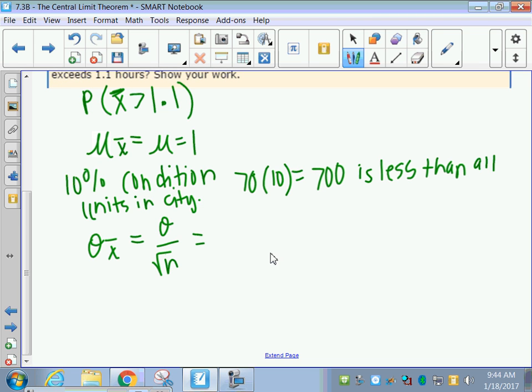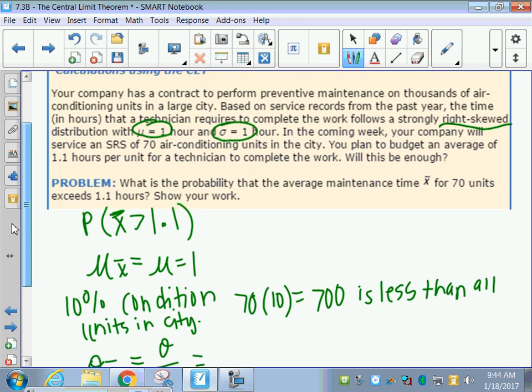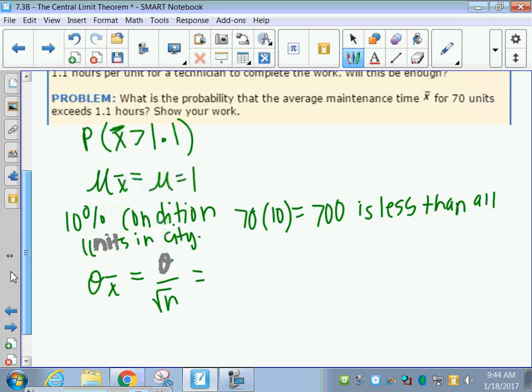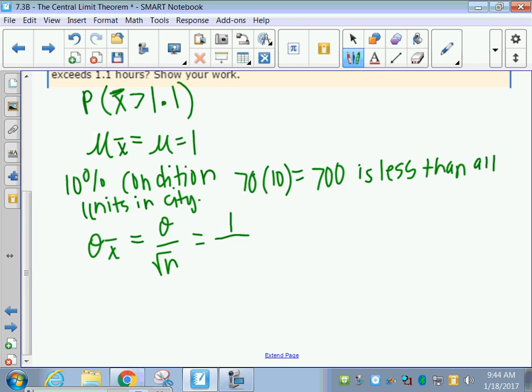Good. So the true standard deviation, or the original one here for the population standard deviation, is 1. And we're dividing by the square root of 70 because our sample size was 70, and that gives us 0.12 hours.